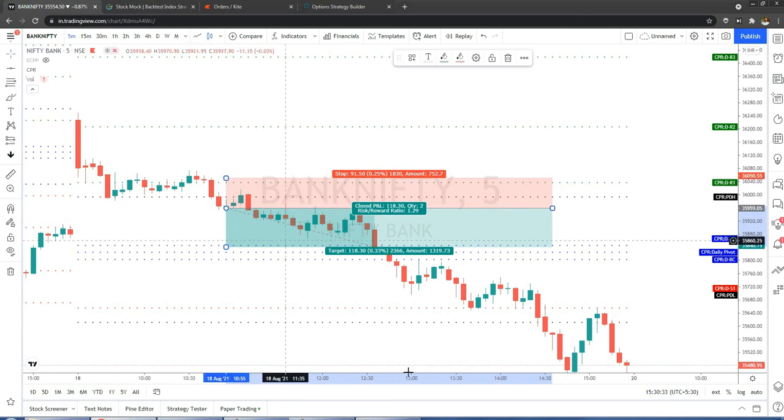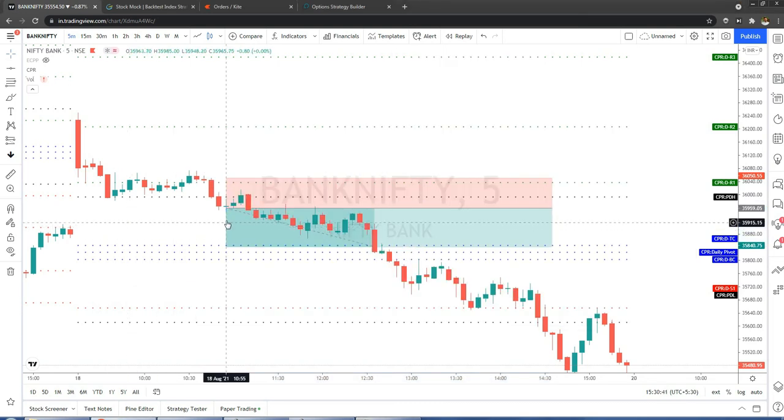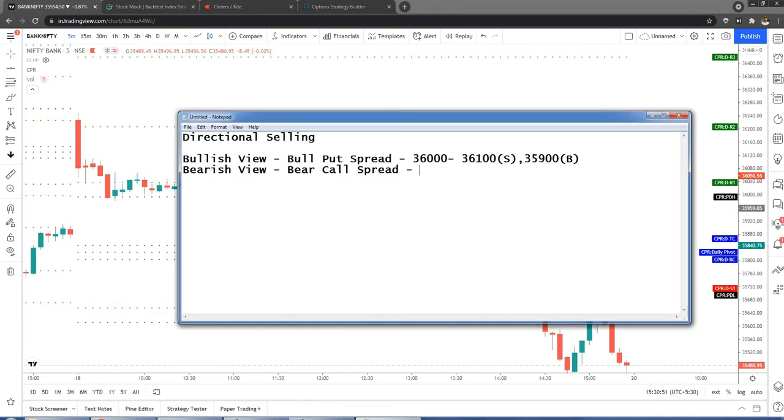And this is a bearish view. For a bearish view, we would take a bear call spread. What is the closing price of the 10:50 candle? It is 35,964, right? So the strike price is again 36,000, which would be the ATM.